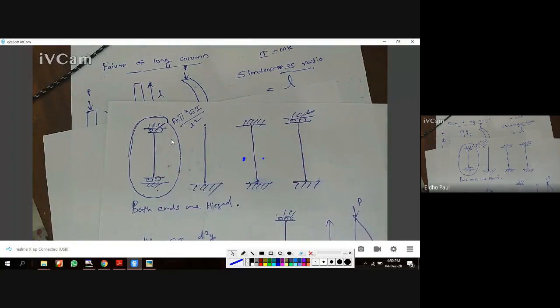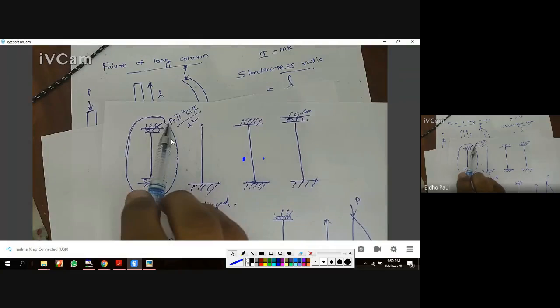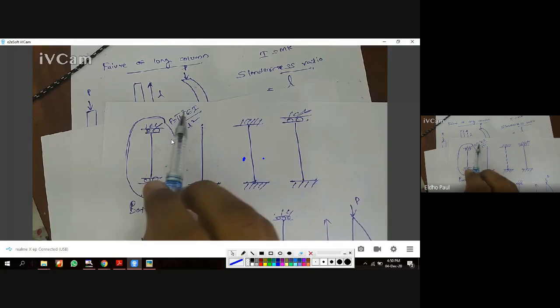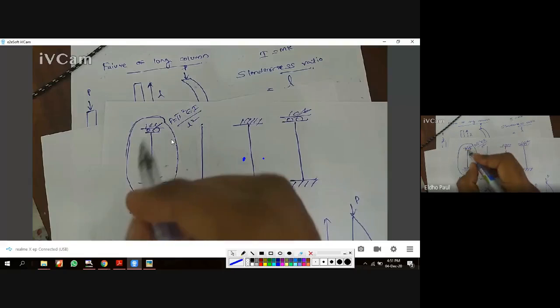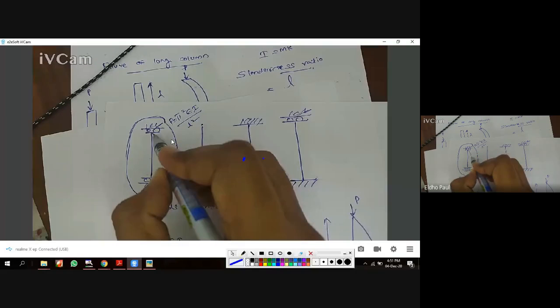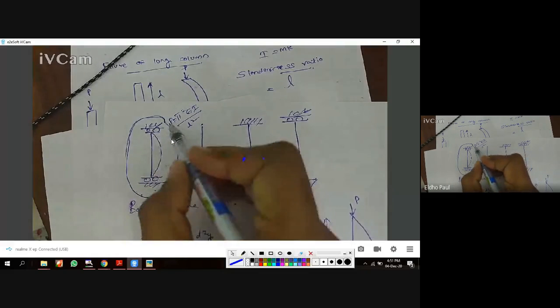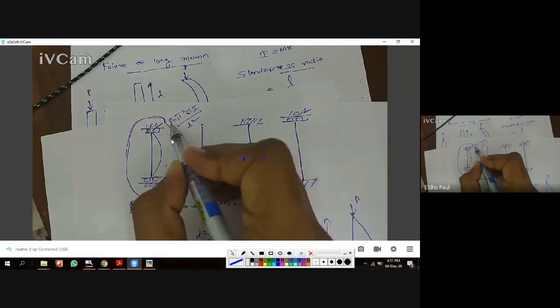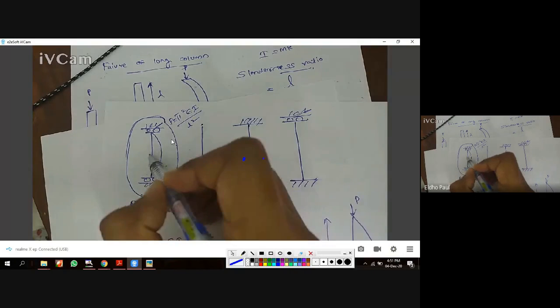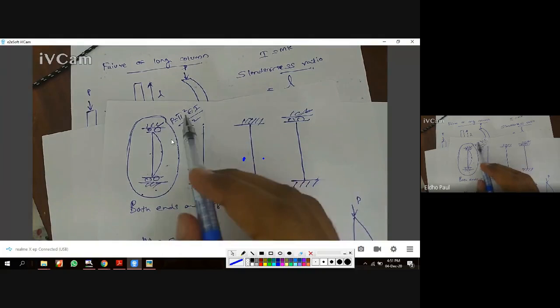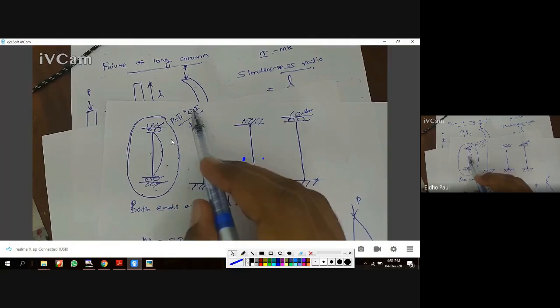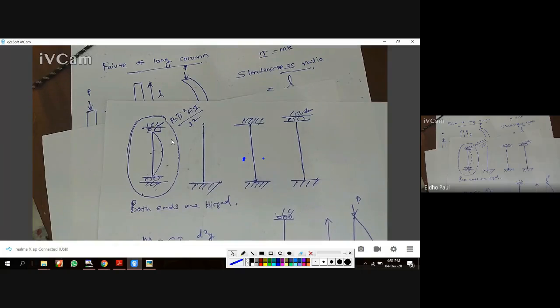What does it mean? It means that when I apply load P, which is equal to pi square EI by L square, this both end hinged column starts to buckle. So this P is the ultimate load carrying capacity of this column without buckling. If we apply a load which is greater than this calculated value of P, then the column will buckle and start to fail.